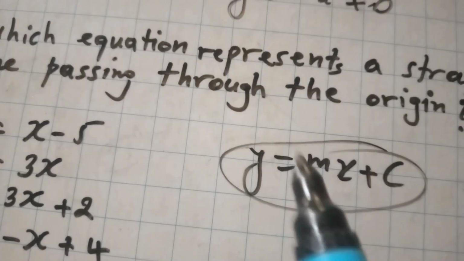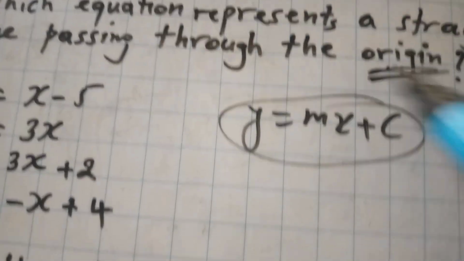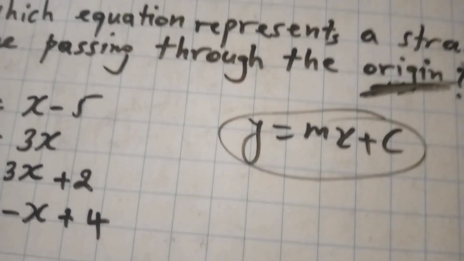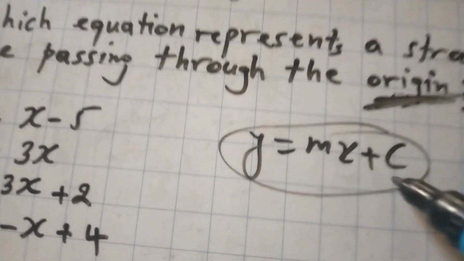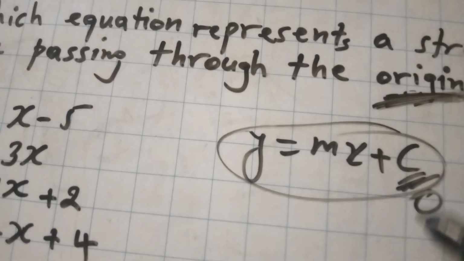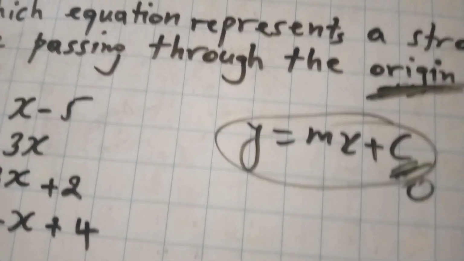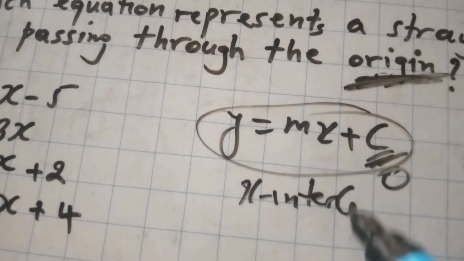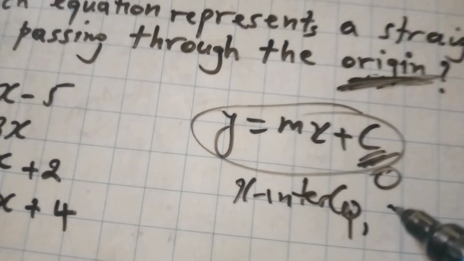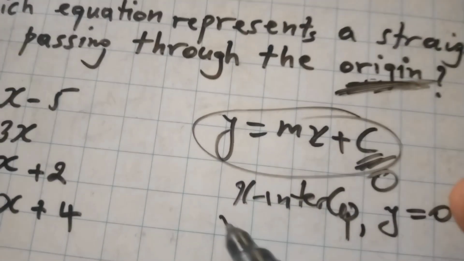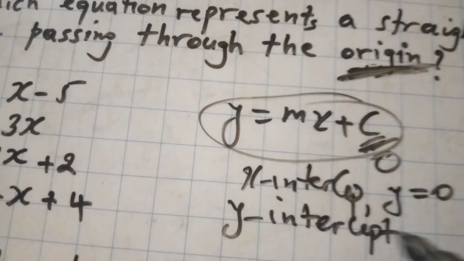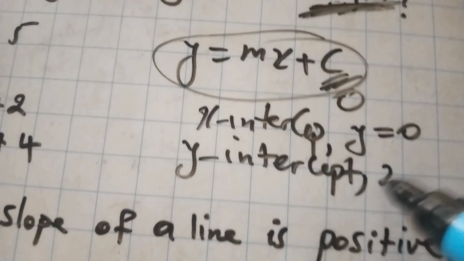To have the origin as the intercept, this c must be 0 because it is the y-intercept. Remember that for the x-intercept, y is always 0, and for the y-intercept, x is always 0.